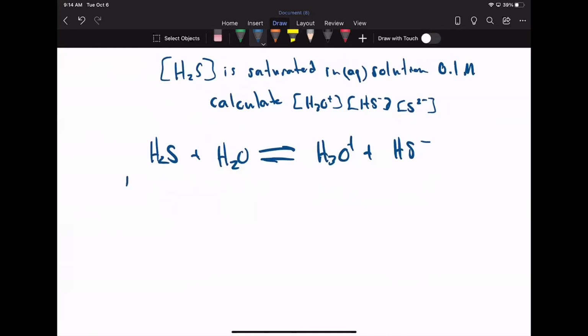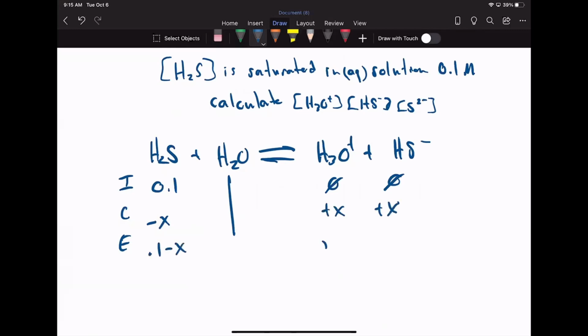And off the first ionization, we're not even going to worry about the second ionization just yet. Let's do our ice table here. This is going to be 0.1, 0, 0, minus x, plus x, plus x, 0.1 minus x, plus x, plus x. So here's the beginning of our first ice table.